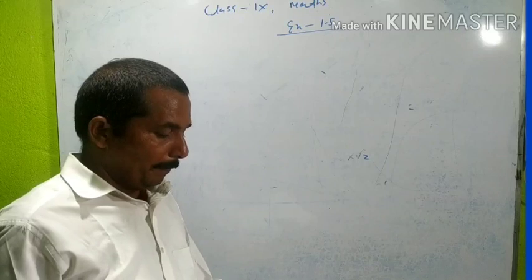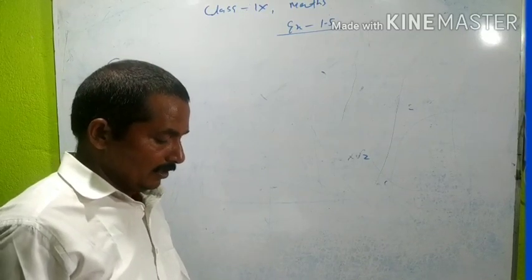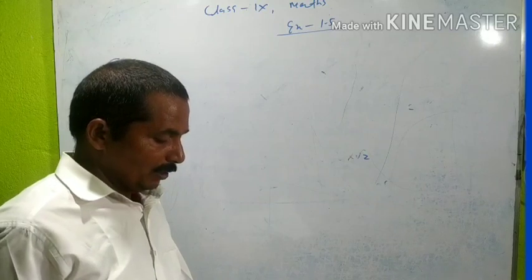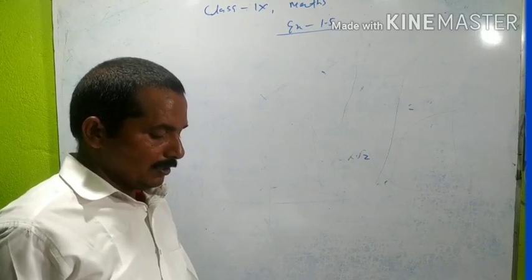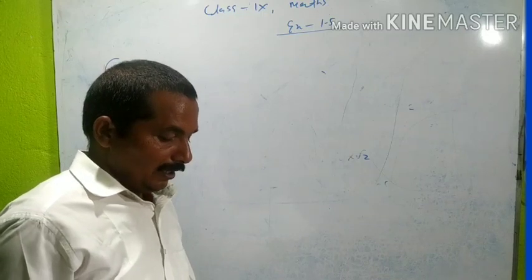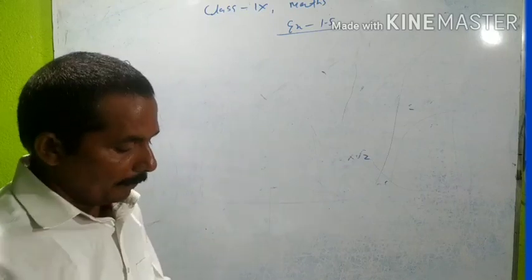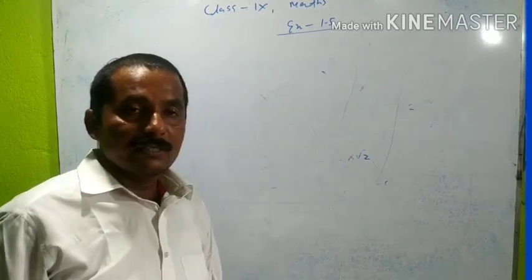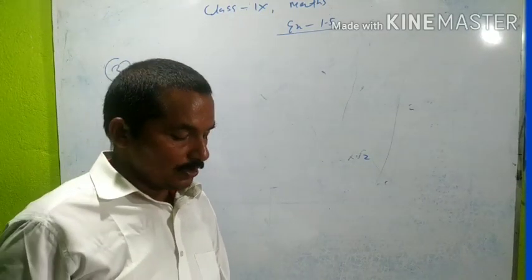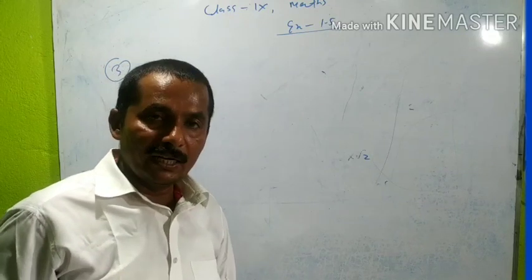Recall pi is defined as the ratio of circumference and diameter, pi is equal to c by d. This seems to contradict the fact that pi is irrational. How will you resolve the contradiction? Look here. Pi, as you know, is a symbol that shows the ratio of the circumference and diameter of a circle.